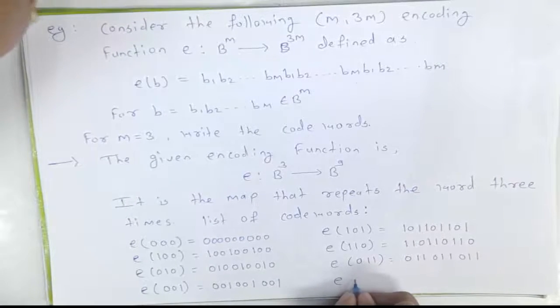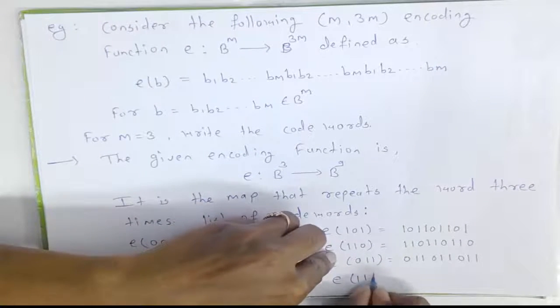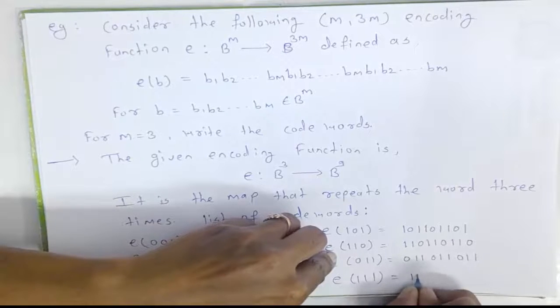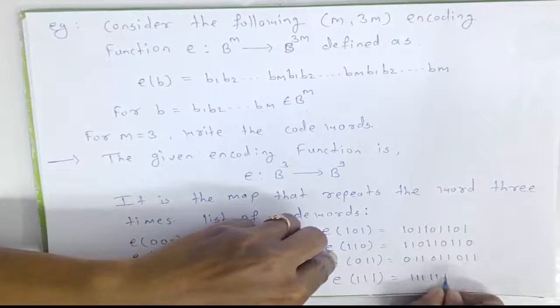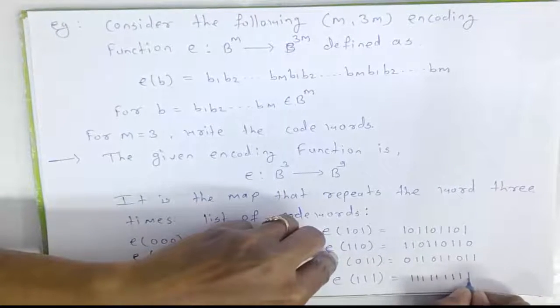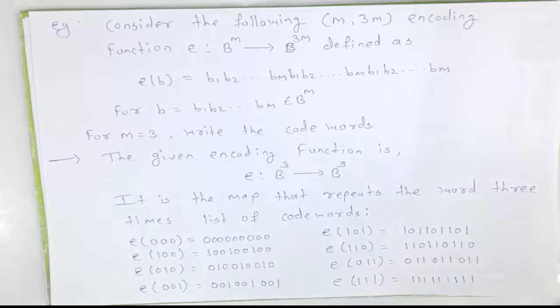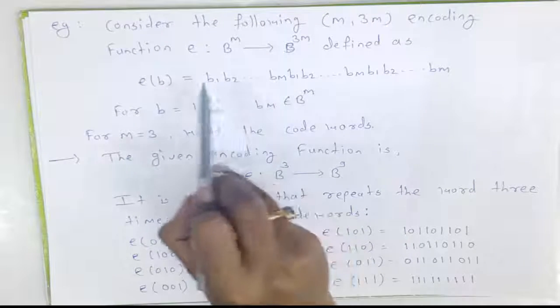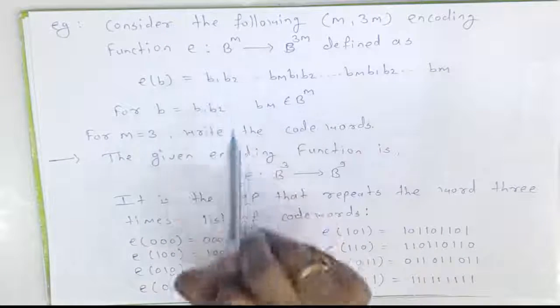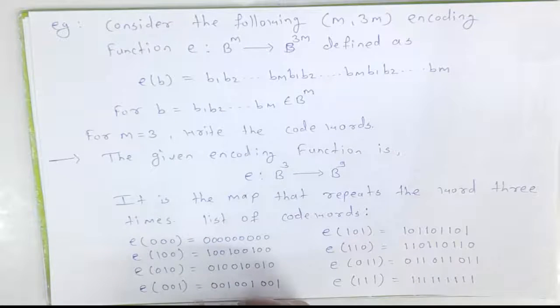And last, E of 1 1 1 equals 1 1 1, 1 1 1 and 1 1 1. Okay, so here we get these code words, that is repetition 3 times. We repeat the words 3 times, and by observing the pattern of this repetition we will detect the errors.